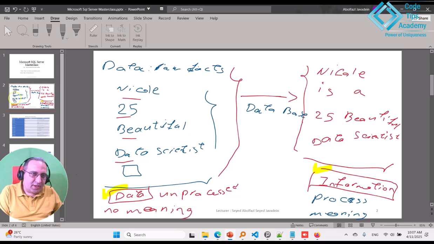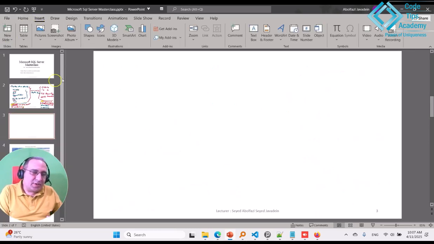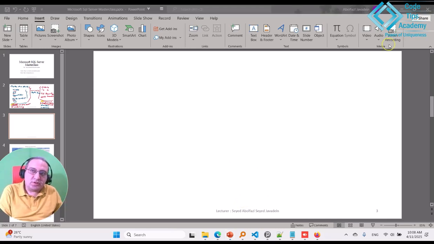As you can see, they are very easy core concepts. These core concepts are not only used in SQL Server, but they can be used in any other type of database. They are used in data science, data analysis. These concepts are very core. If you want to work in this field, you must know these concepts. But okay, we'll continue.